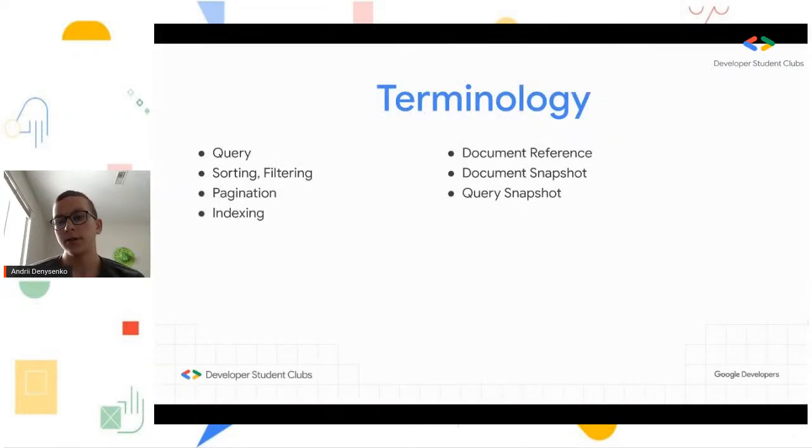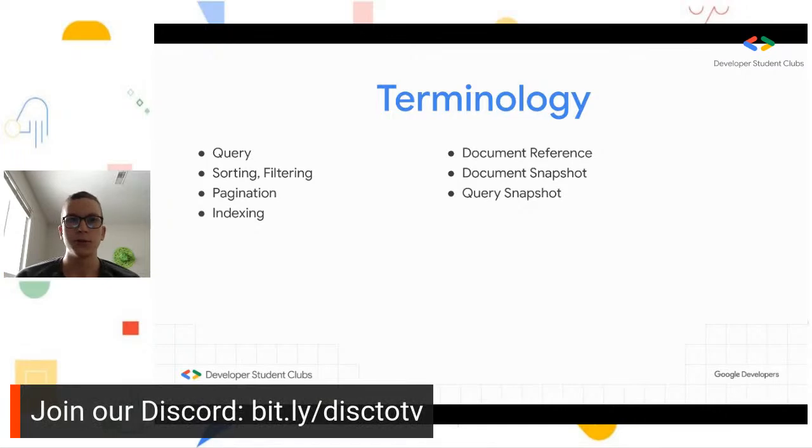So as in the intro events, we'll go over some terminology before jumping into code. The main buzzwords that you will hear in this presentation are queries. Queries are the method of you talking to the database, basically. When you retrieve documents, you query those documents.